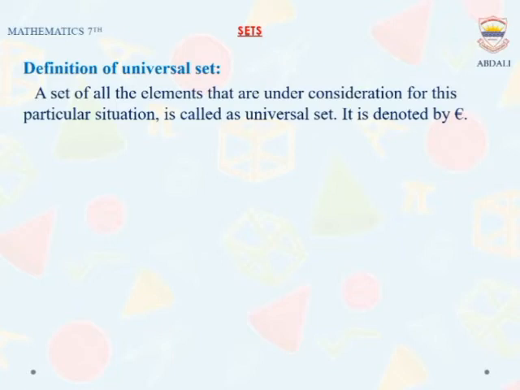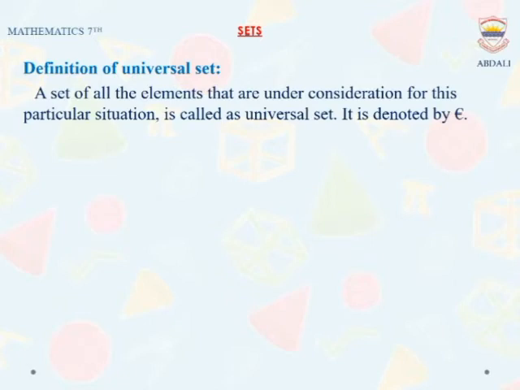So, all the elements, all the objects of the sets that are under consideration in a specific problem come under the universal set. Like if we have two sets, A, B, C and the other is E, F, G, H, the universal set has all the elements of both sets.